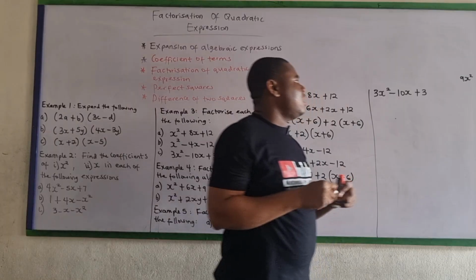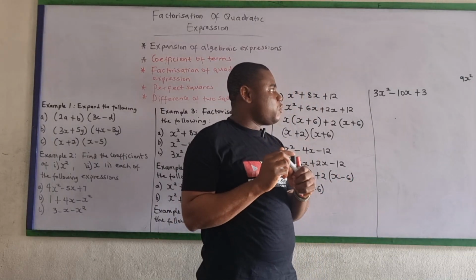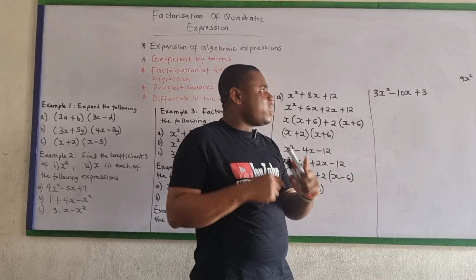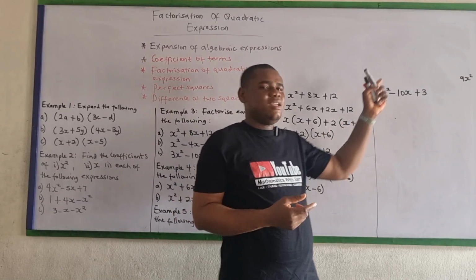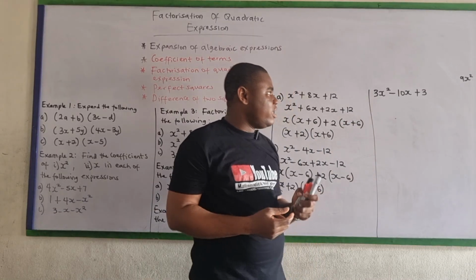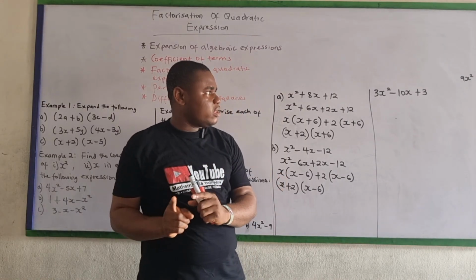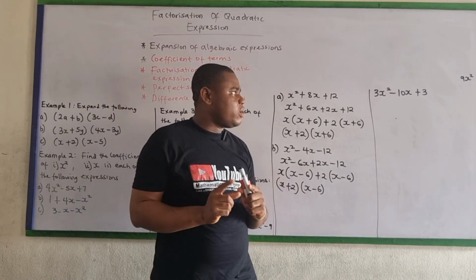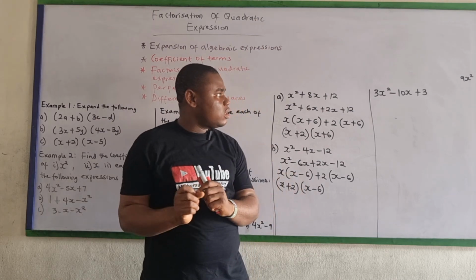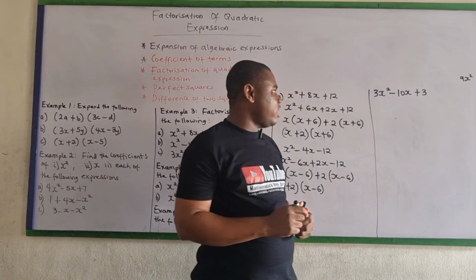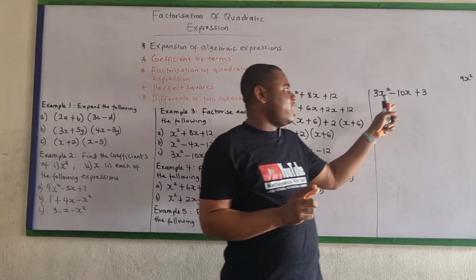So in this case, I'm going to look for two numbers. When I add, gives me minus 10. When I multiply, gives me 9. The two numbers are going to be minus 9 and 1, because minus 9 plus 1 is not going to give minus 10.